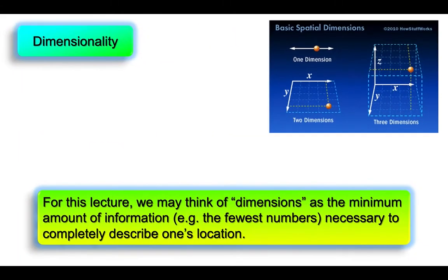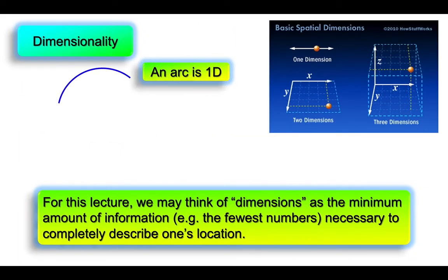So, now, taking these ideas and moving forward, I could say an arc is a 1D object, because an arc is, for all intents and purposes, identical to a number line. Just imagine you have a number line, but it's made out of rope. So I could take my number line and I bend it.